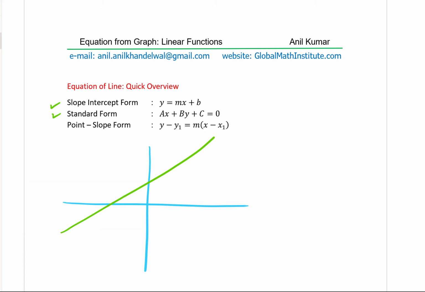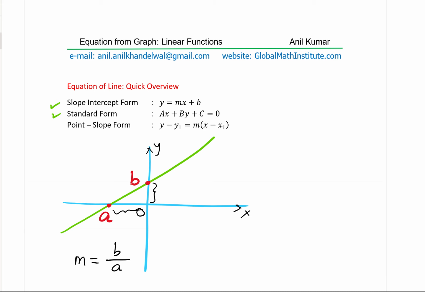Now in this line, when we say the y-intercept b, the point where the line crosses the y-axis is y-intercept b. X-intercept is the point where the line crosses the x-axis, right? So this is your x-axis, that is the y-axis, origin O. Slope for this line m will be equal to b, which is the rise, over the value of a here, a, right? That will be the slope of the line in this particular case.